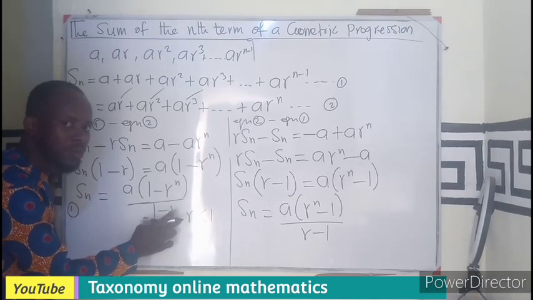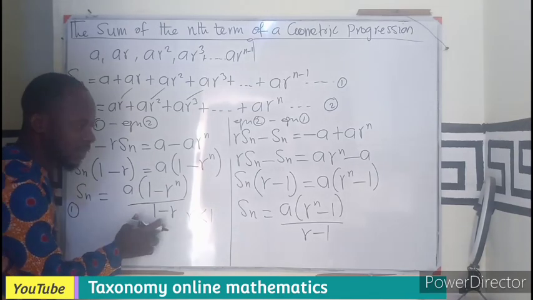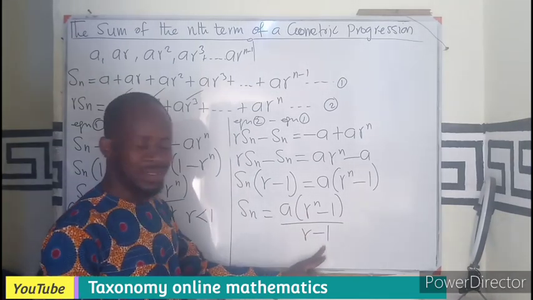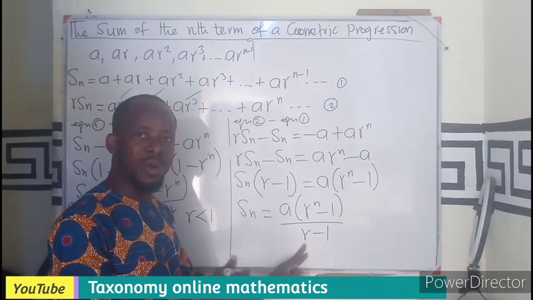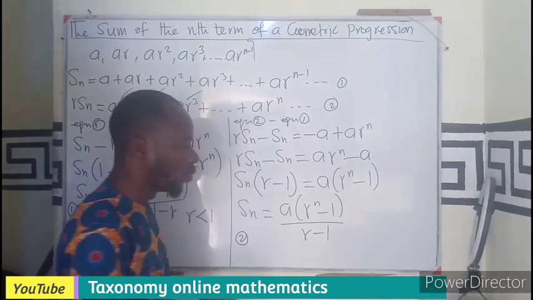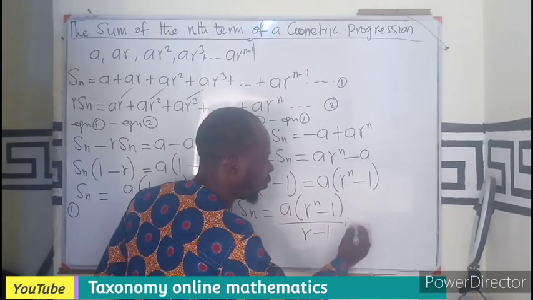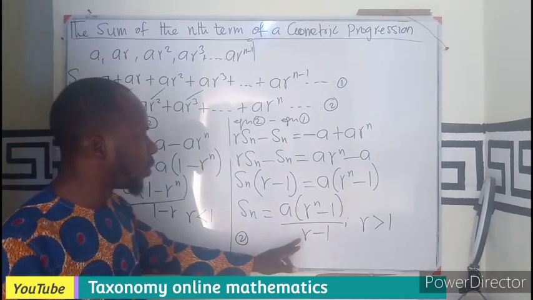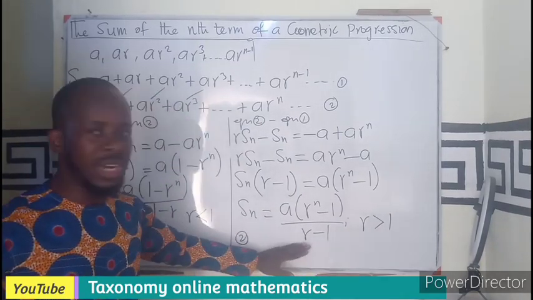Don't forget here also, not to get a negative value. Then here, since the R comes first, we can also say that the common ratio is going to be bigger than 1. So in the second situation, your condition is going to be R is more than 1. That is, when the common ratio is more than 1, we go for this formula.